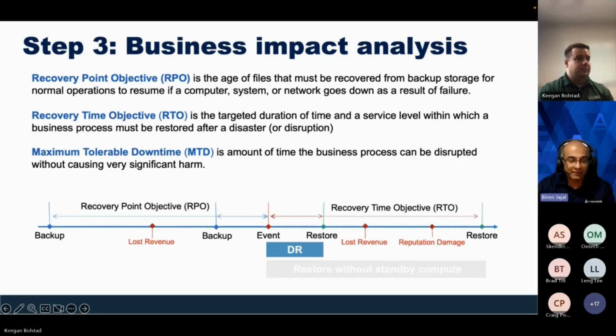Recovery time objective is just how much downtime is acceptable. So those two figures, understanding how much downtime and how much data loss is acceptable to the business, puts you in a good spot to determine what kind of data protection strategy you want to put in place, and what kind of disaster recovery SLAs you want to establish internally.